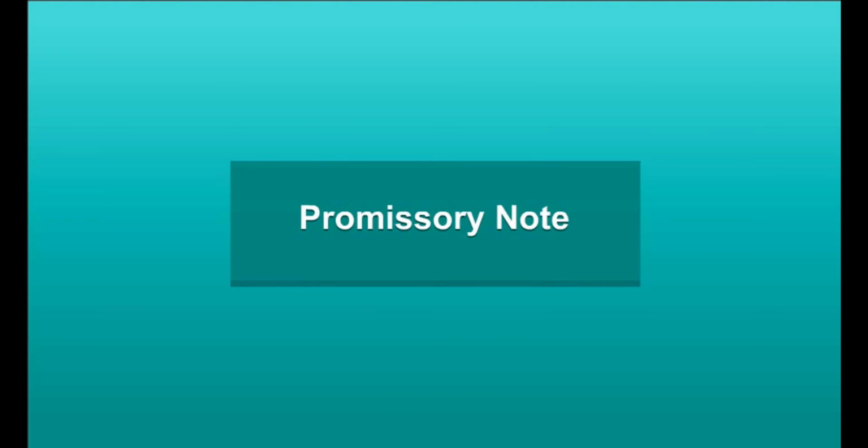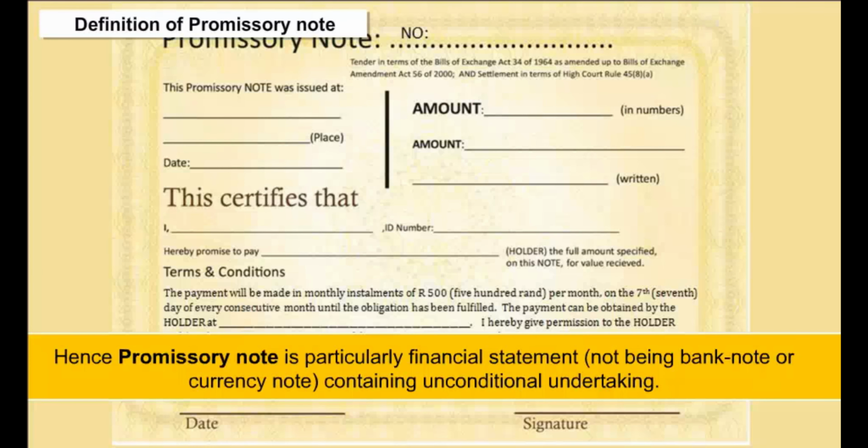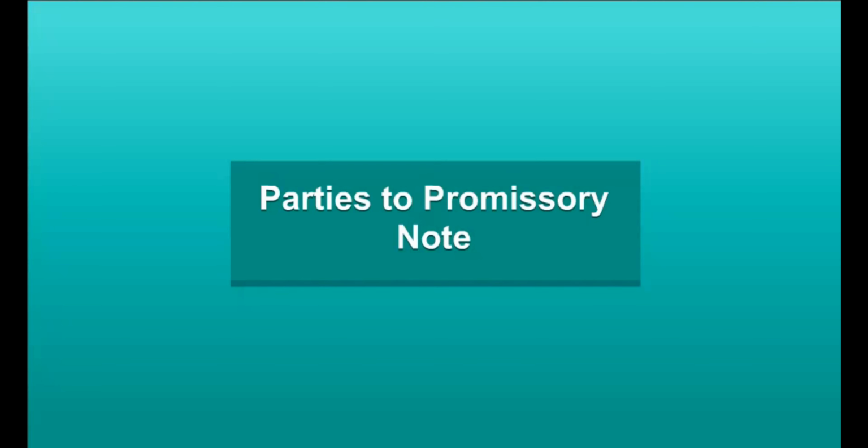Promissory note. Definition of promissory note. A promissory note is a legal instrument in writing in which one party, that is the maker or issuer, promises to pay a certain amount of money to the other party, that is the payee, on a specified date under specific conditions. Hence, a promissory note is a financial instrument, not being a bank note.